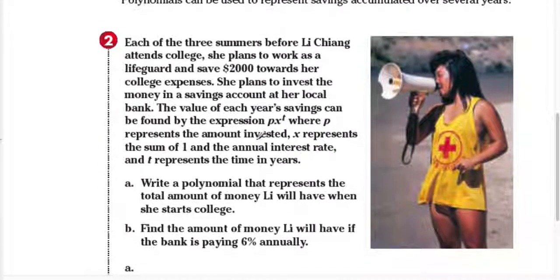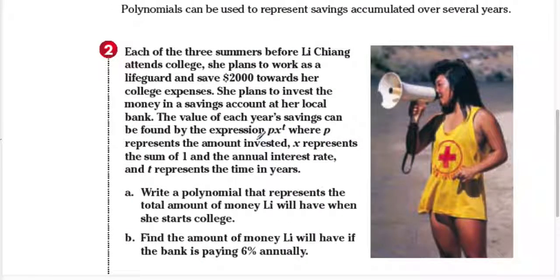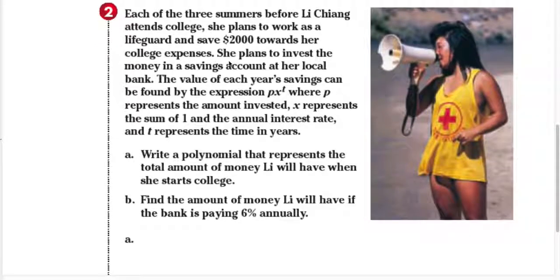Before we read example number 2, polynomials can be used to represent savings accumulated over several years. So, each of the 3 summers before Li Qiang attends college, she plans to work as a lifeguard and save $2,000 towards her college expenses.